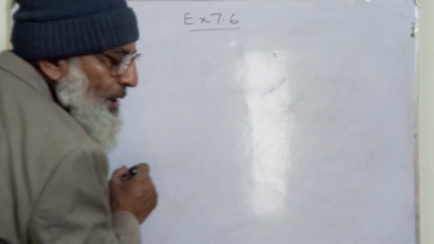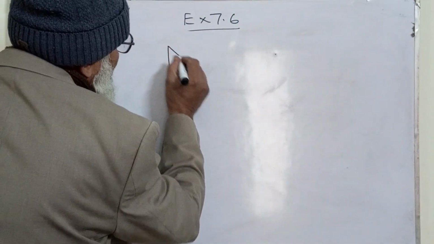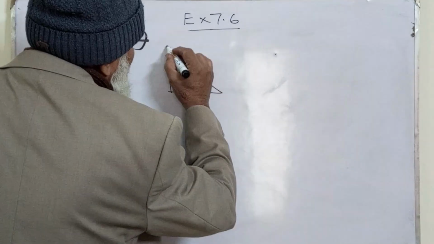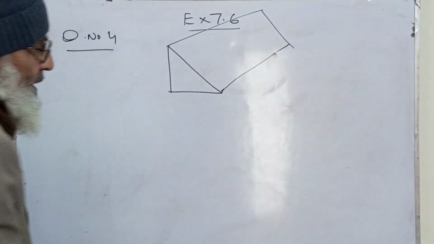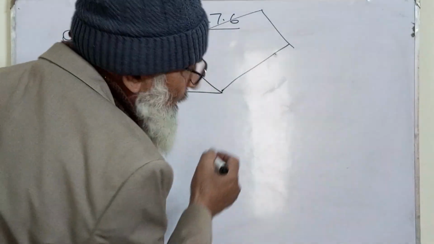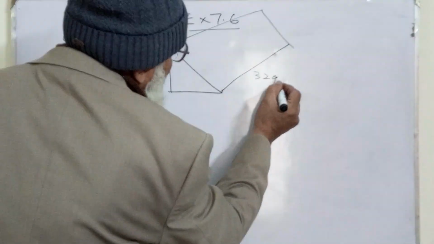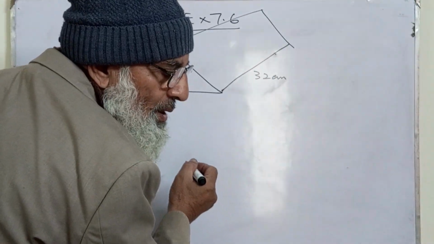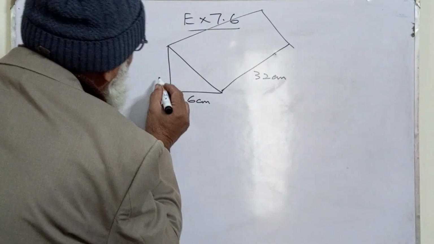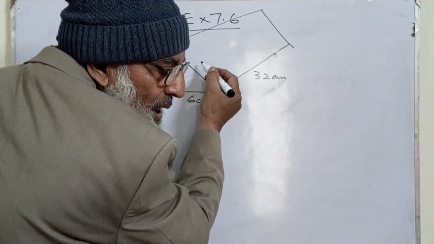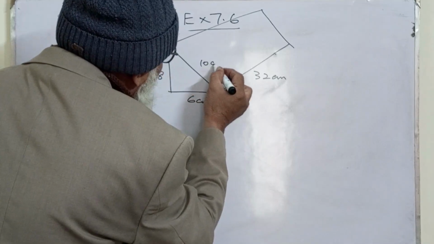Question number 4 is again, yes, I did it just now, but for your sake I am going to do it again. 32 centimeter, 6 centimeter, 8 centimeter, and the hypotenuse is 10 centimeter.